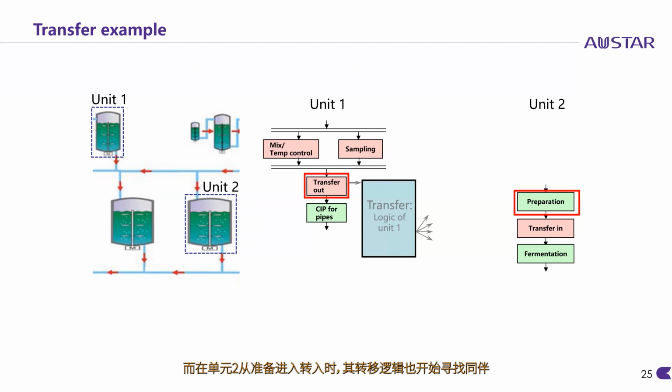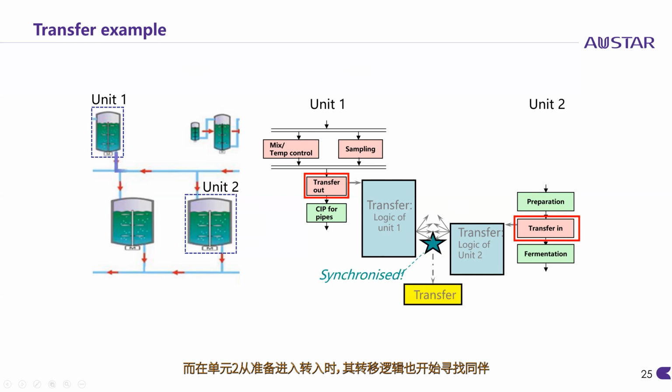Now, unit 2 finally moves from preparation to transfer in and activates its own transfer logic that also looks around for a partner. And they will finally find each other. And when they're synchronized, the transfer can take place. So this transfer takes some time.